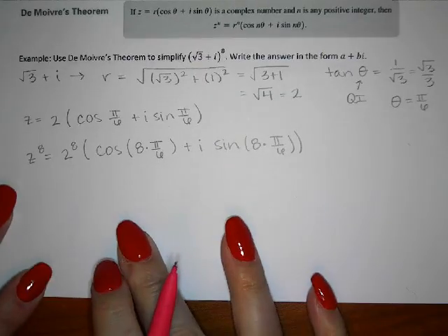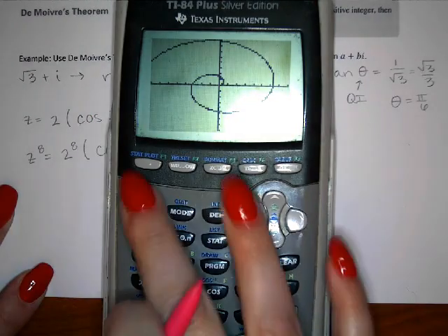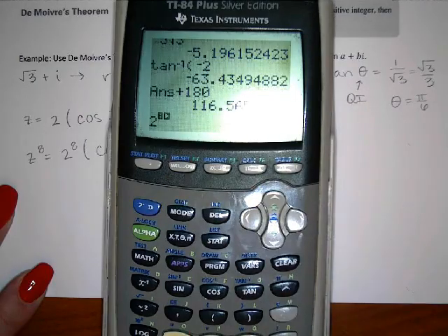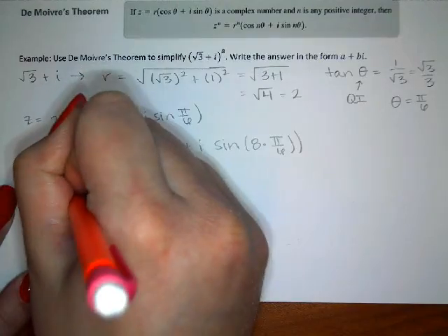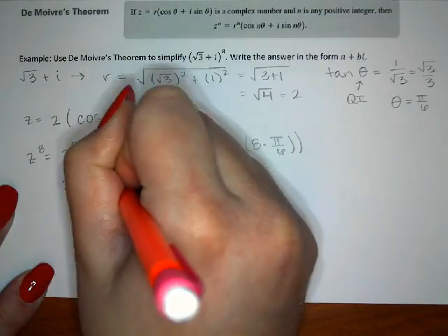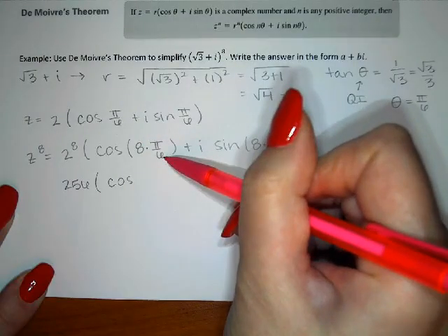Okay, so 2 to the 8th power is 256, cos, and then 8 over 6 can be reduced. That would be 4/3.